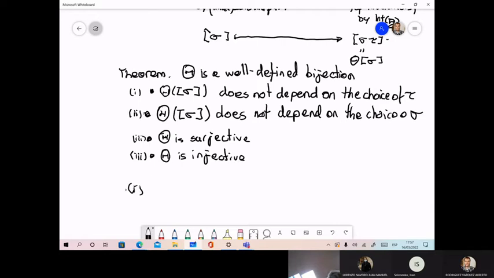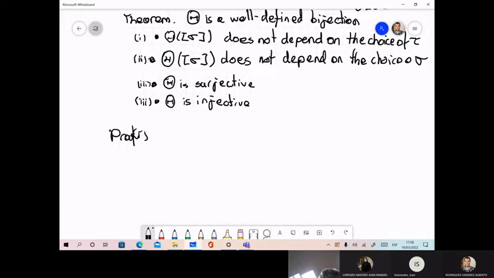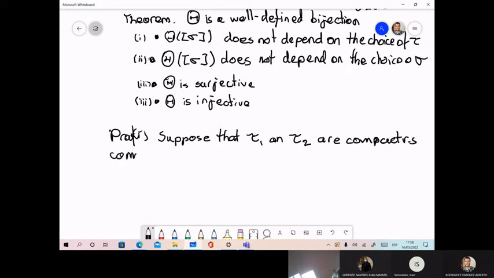So we will start with number one, which is that it does not depend on the choice of tau. So basically, suppose that tau1 and tau2 are compact real structures commuting with sigma.